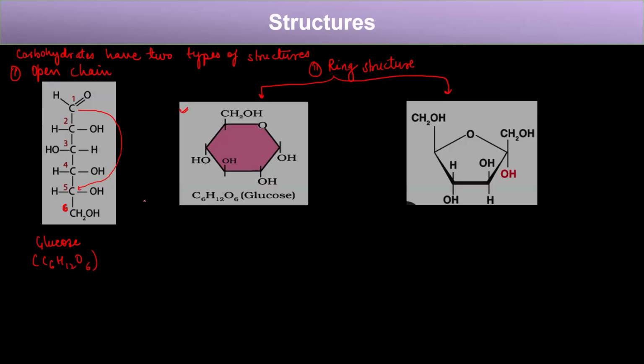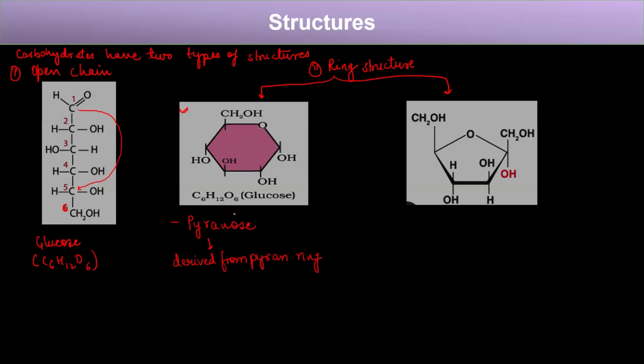Now, in the ring structure, this first type, we can see the structure looks something like this. This ring is known as pyran ring, and this structure is known as pyranose, and it is derived from the pyran ring.